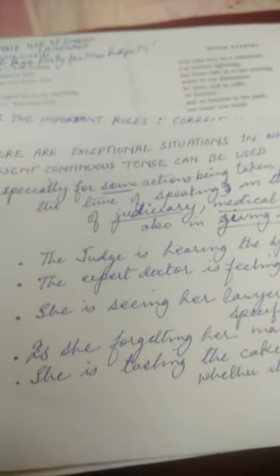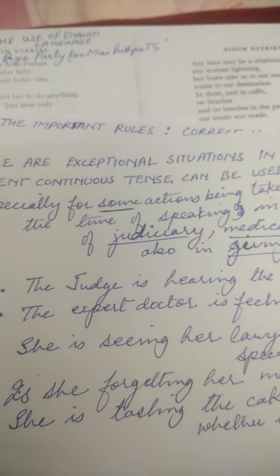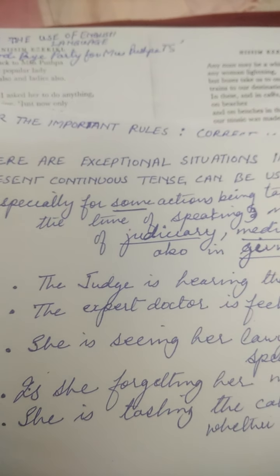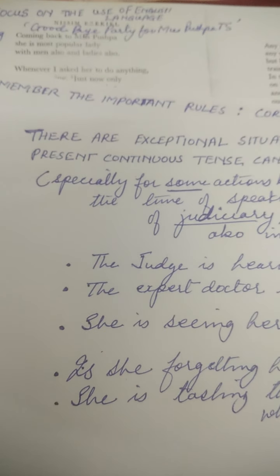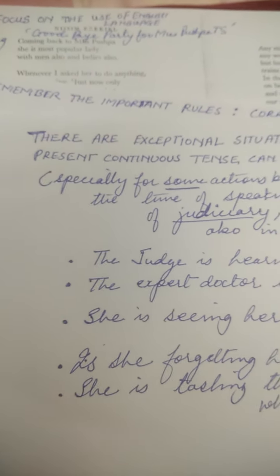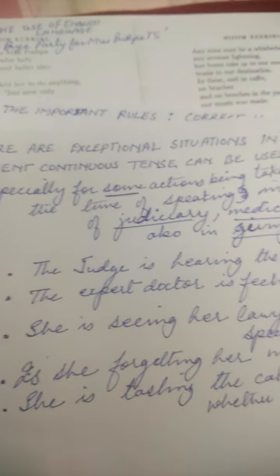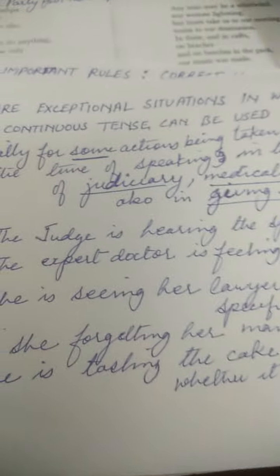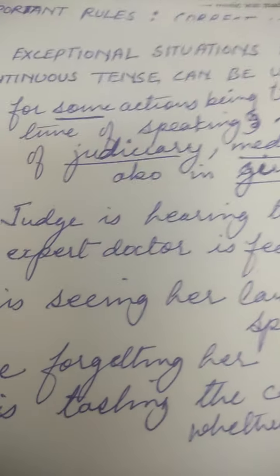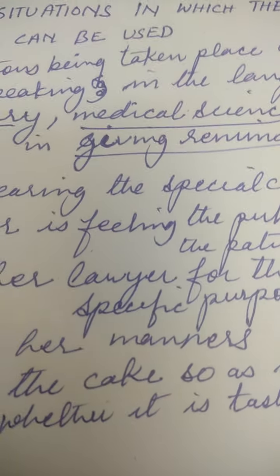So in some of these exceptional situations, you can make use of present continuous tense. Otherwise, which tense are you supposed to use? Simple present tense. So the idea underlying is that whenever you make an expression, it should be absolutely correct and effective.